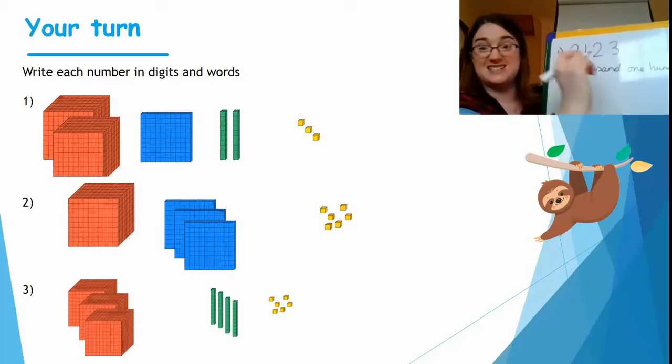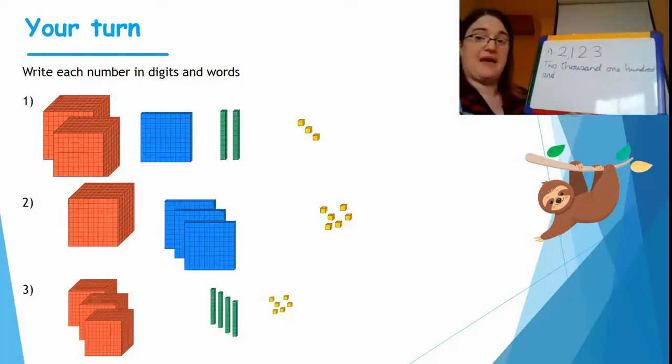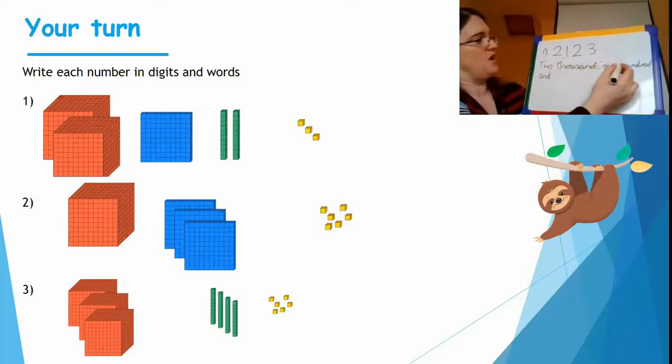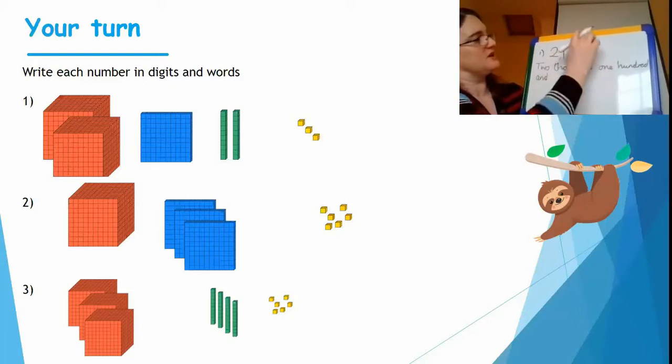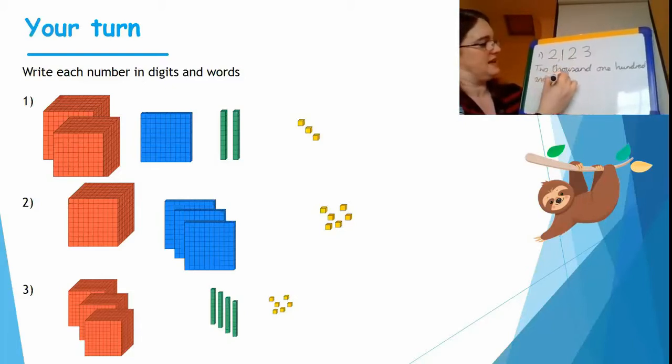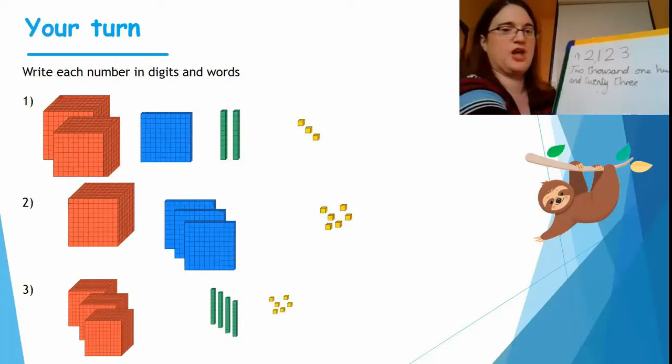If you've missed out the word "and", use your editing pen and pop it in. 2,100 and what these two go together to make 23. Have a check of that one now. Give that one a go.